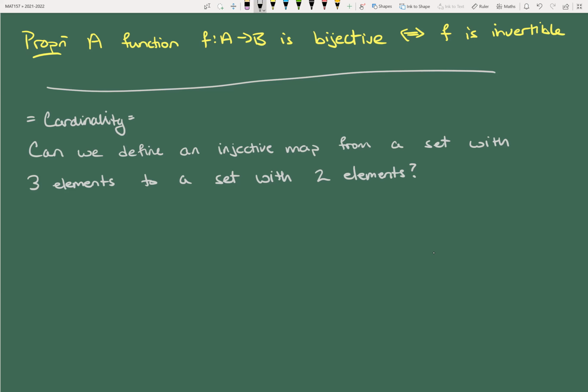Because it immediately tells us that if our sets are finite, and I have an injective map from A to B, then A must have fewer things in it than B does, right?